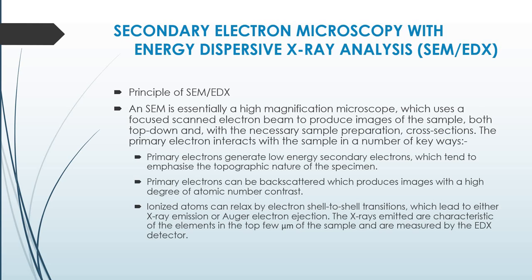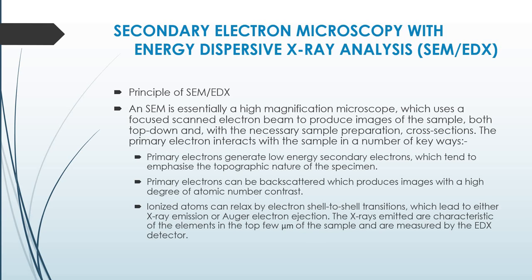The primary electron beam interacts with the sample in a number of key ways. First, primary electrons generate low energy secondary electrons, which tend to emphasize the topographic nature of the specimen. Primary electrons can be backscattered, which produces images with a high degree of atomic number Z contrast.